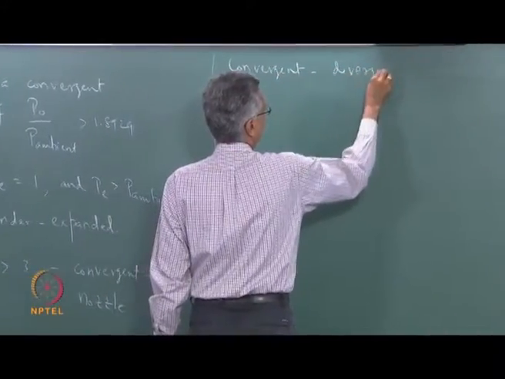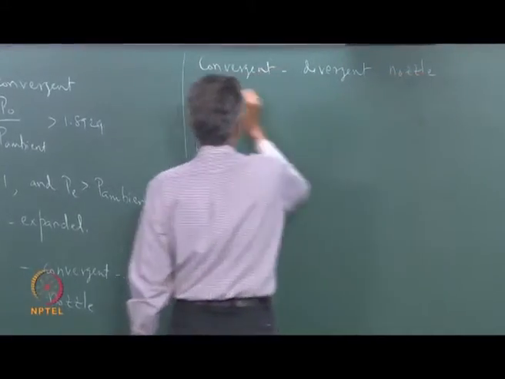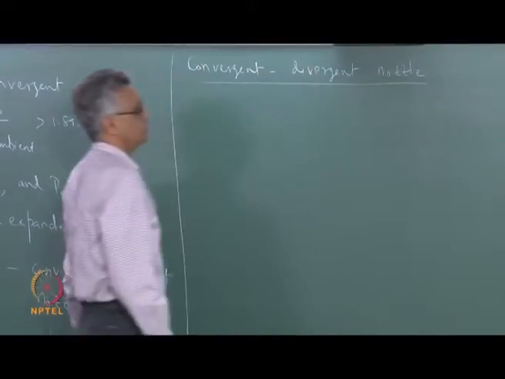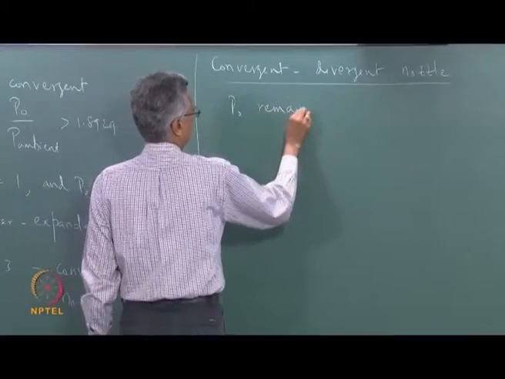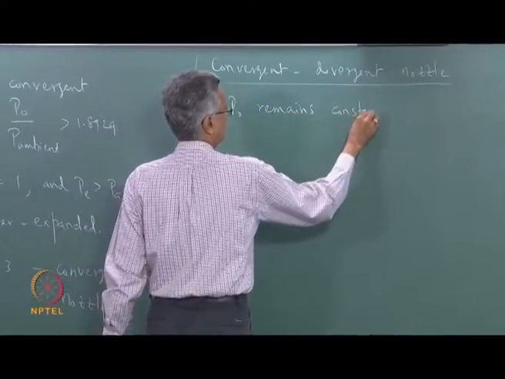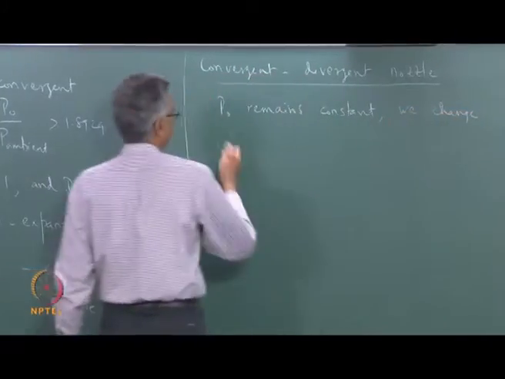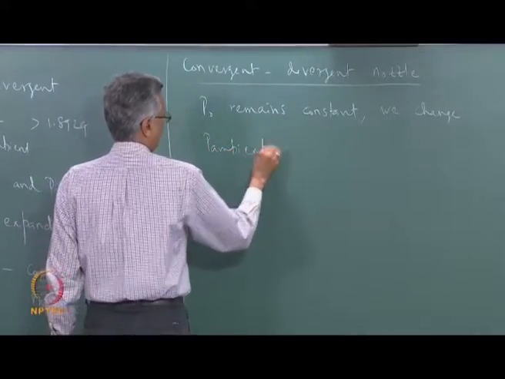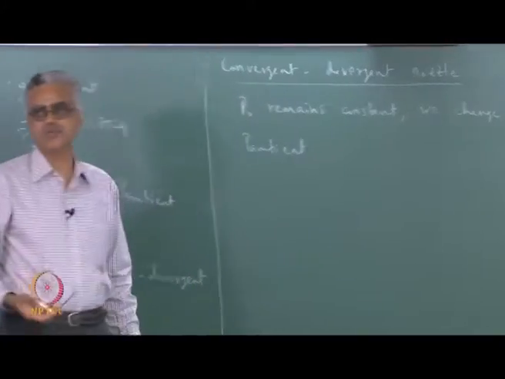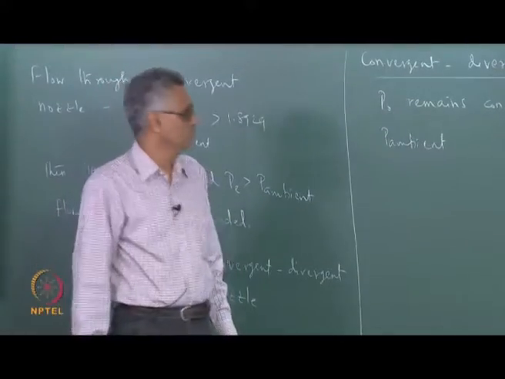Here also it is possible to push the flow through the nozzle or pull the flow through the nozzle, and for the sake of simplicity we are going to look at a situation where the P0 remains constant and we envisage changing the ambient pressure. So, we start with a high value of ambient pressure, and then we keep lowering the ambient pressure to establish a flow through the nozzle, and we look at the sequence of events that take place in the nozzle.